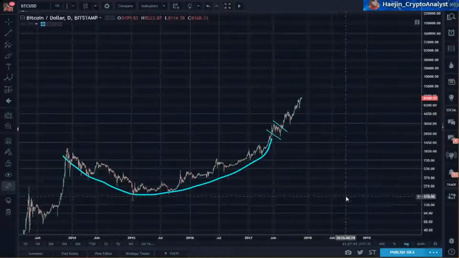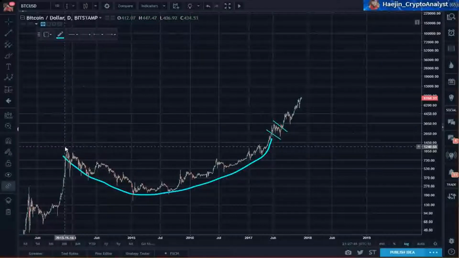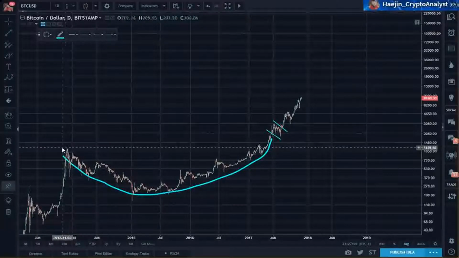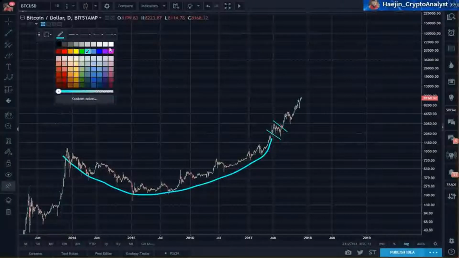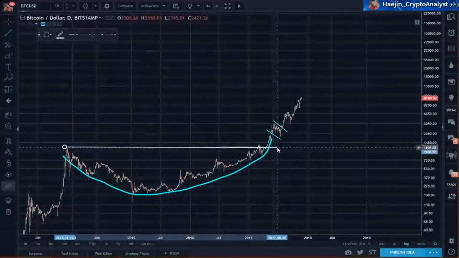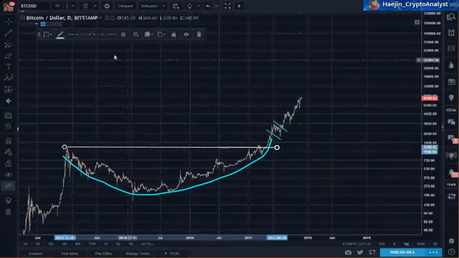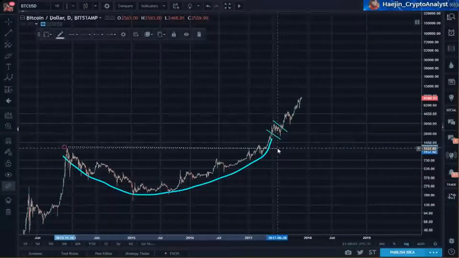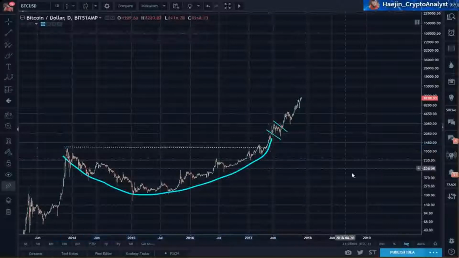But I do know this, so let's now draw a line from the beginning left highest point across it to the other side. All right.